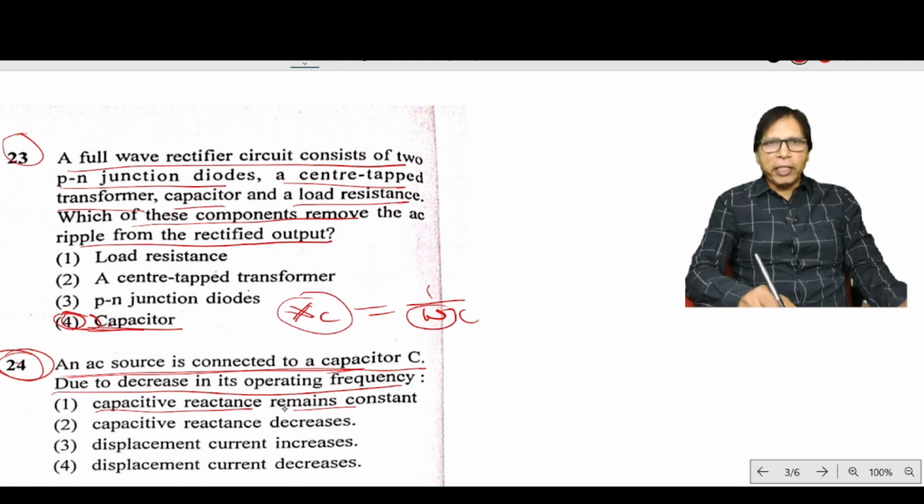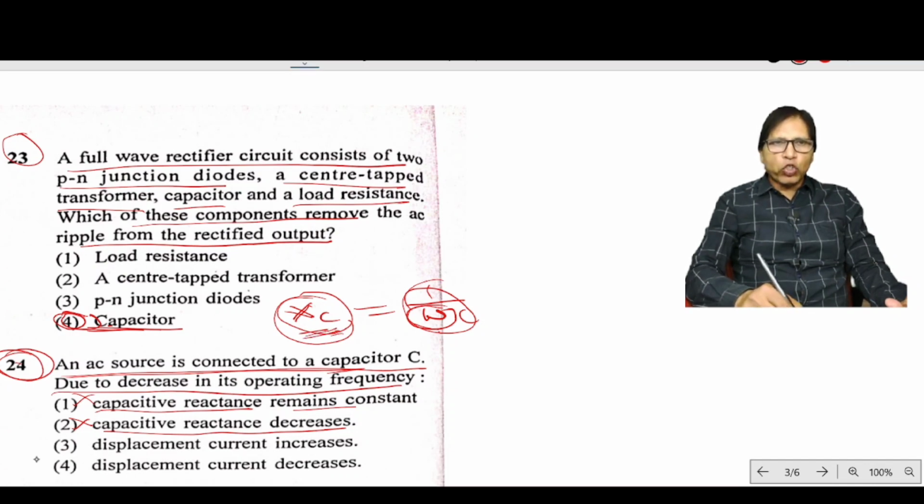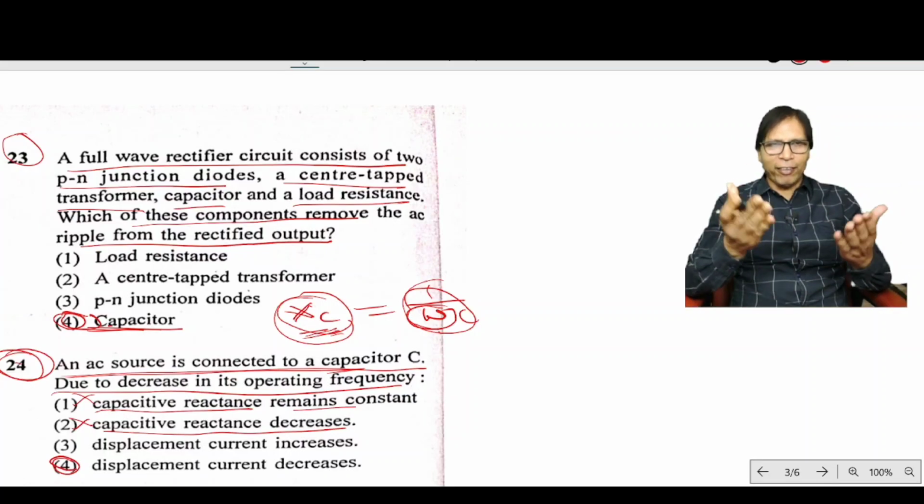So saying it remains constant is false, and saying it decreases is also false. Now the displacement current is inversely proportional to Xc, which is 1 by omega C. So as omega decreases, Xc increases. As Xc increases, the displacement current decreases. So option 4 is correct.